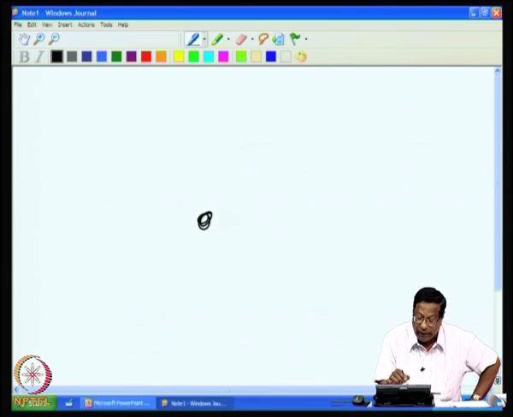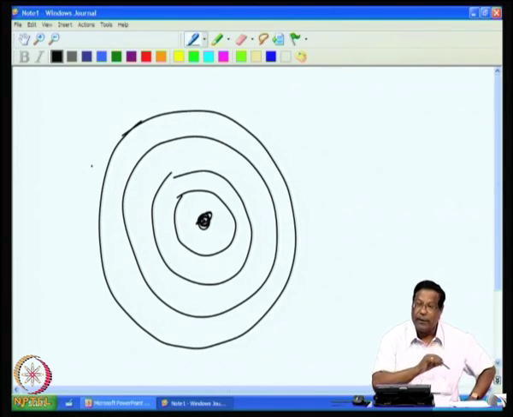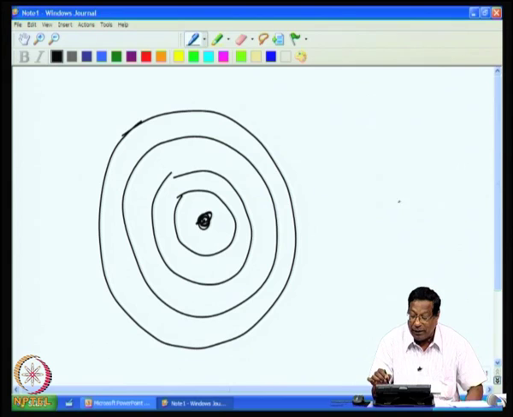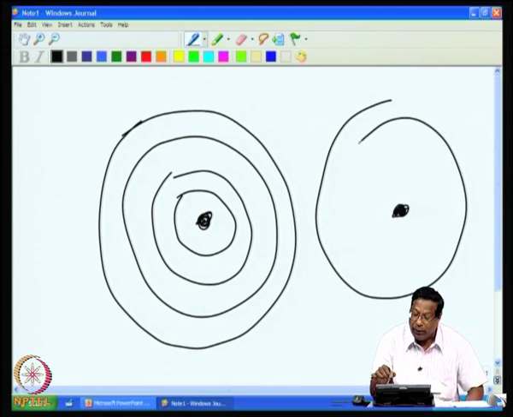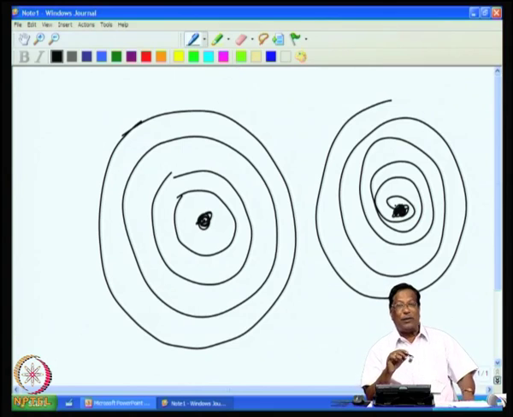Suppose here is the nucleus and then electrons are there going round and round, where the forces are matching. Unfortunately, this system is not tenable. Actually, what happens? Here is your nucleus, and the electron going round and round spirals around it until finally it lands into the nucleus.